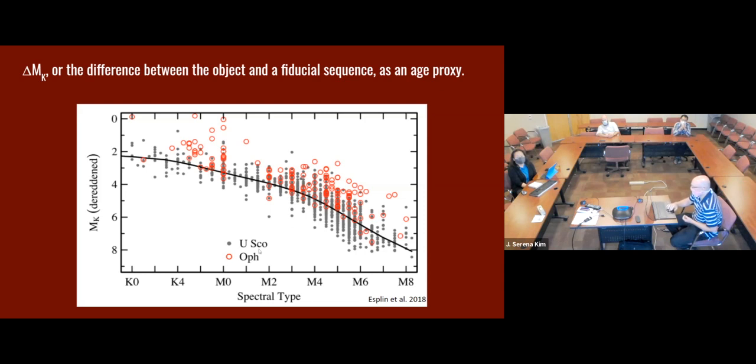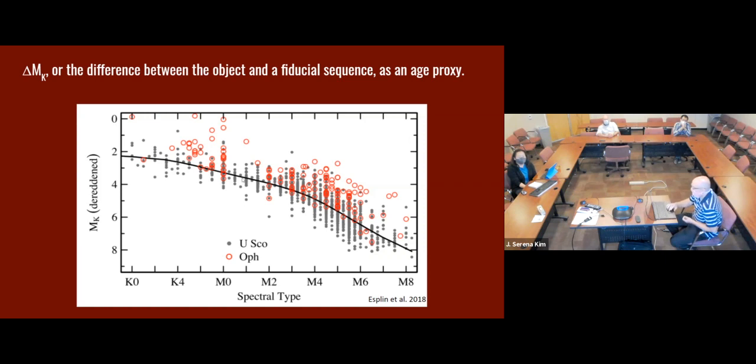And then over top, with the red circles, I plot the Ophiuchus star forming region, which is 1 to 2 mega years. And you can see, yes, on average they are above the black line, and that's a sign of their younger age compared to Upper Sco.